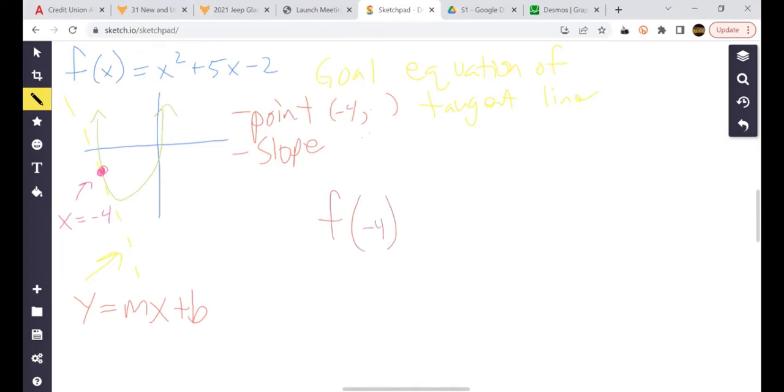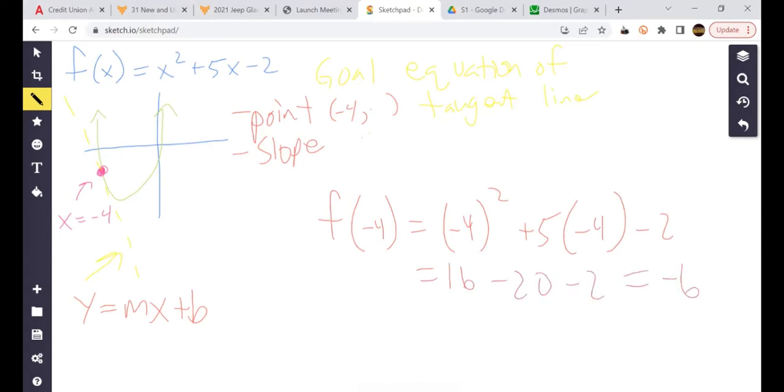So f of -4 would equal, in parentheses, and this is like 16 minus 20 minus 2, which I believe is -6. I want to say that it's -6 for the y coordinate. I would go back in there. The y coordinate is -6.